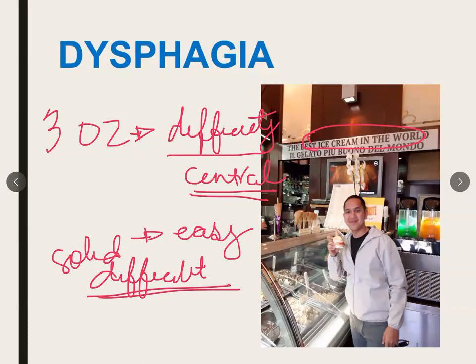That is very important because sometimes, for example, we have a patient complaining of dysphagia. The patient underwent several procedures such as barium swallow, chest CT scan, abdominal ultrasound, etc. It's all negative.